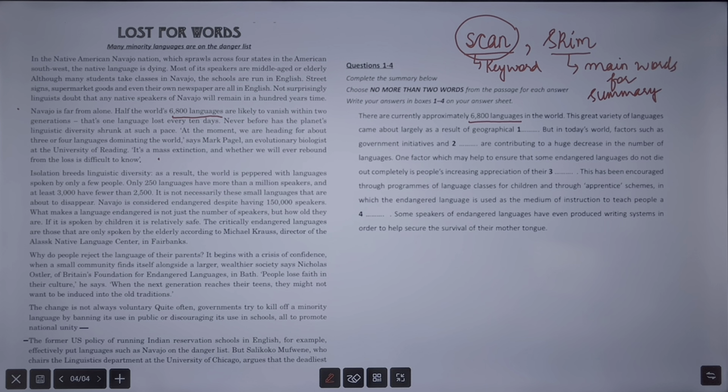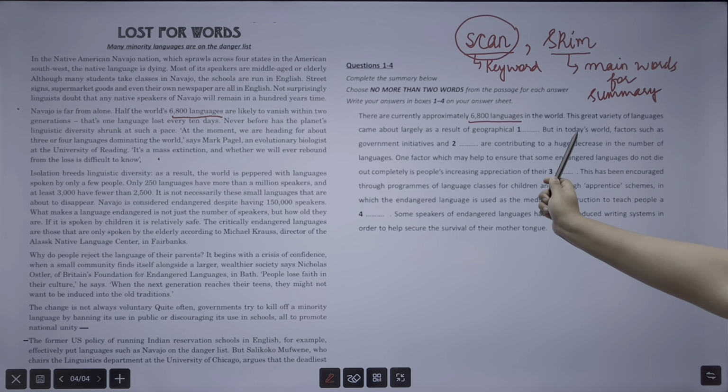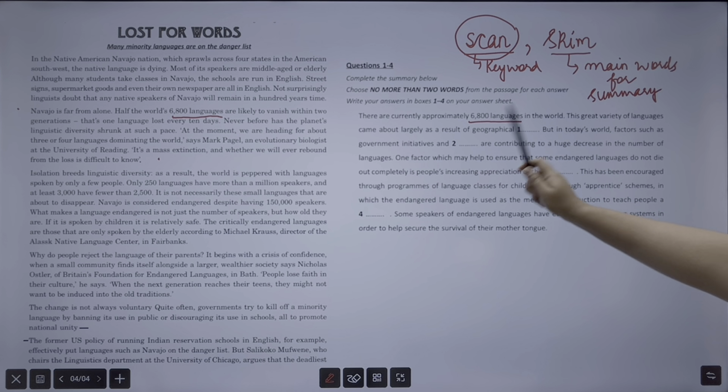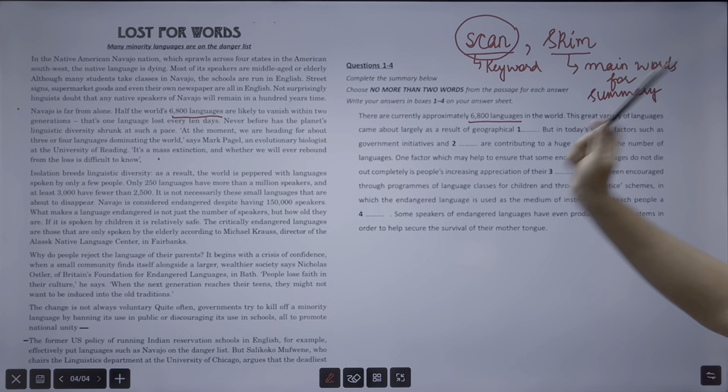That means approximately 6,800 languages. How did we actually get so many languages? Because of which phenomena? Because it says this variety came about as a result of geographical something. So variety of languages is a result of geographical dash that we have to find, right?